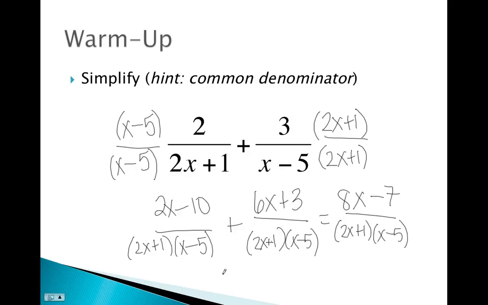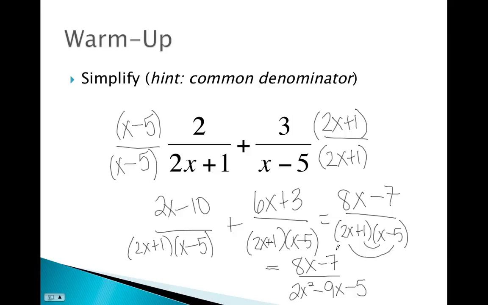Or if you multiplied the two binomials in the denominator together, you would get 8x minus 7 over 2x squared minus 9x minus 5. I'm pretty sure that's right. This gives me x. This gives me minus 10x, so that's minus 9x.